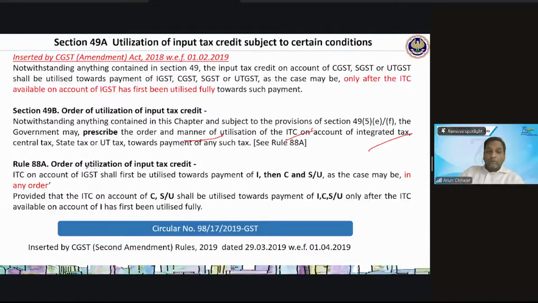ITC on account of IGST shall be first utilized toward the payment of I.